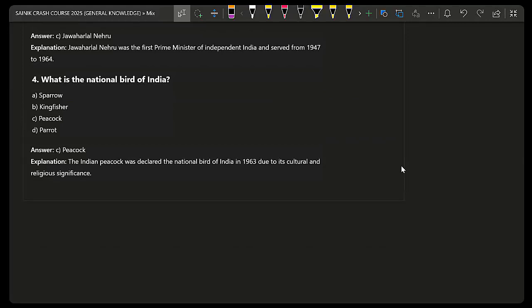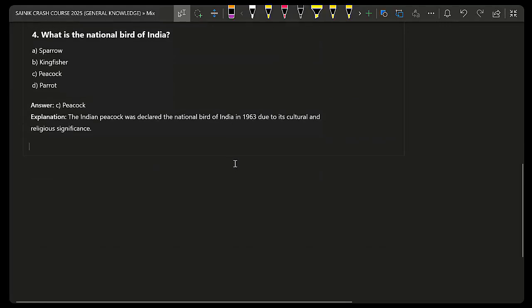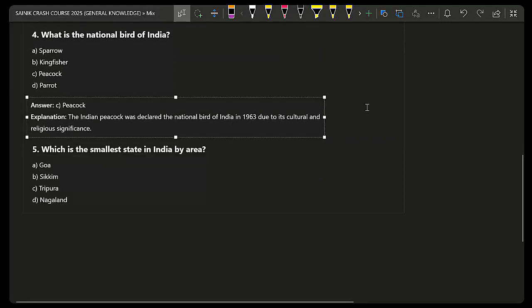Next question. Next question is also very simple. Which is the smallest state in India by area? Option A, Goa. Option B, Sikkim.